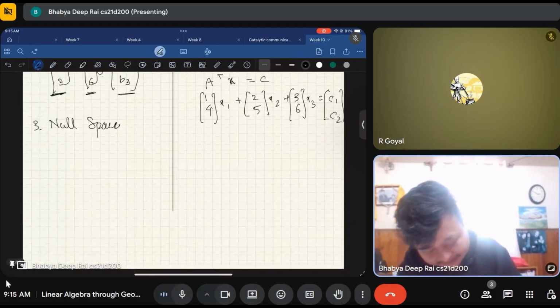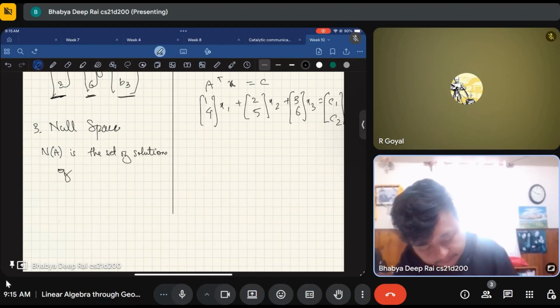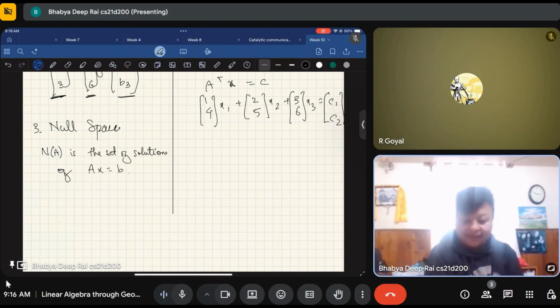The null space, N(A), is the set of solutions of Ax equals b, with b equals 0.